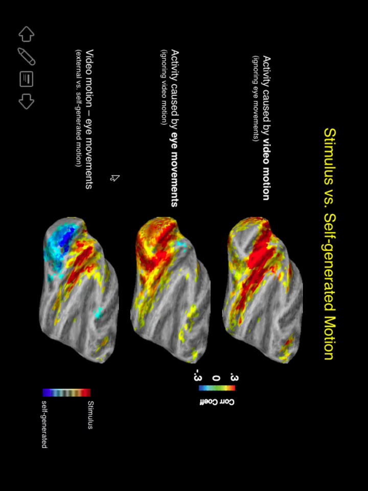In particular, we see this strong dichotomy between self-generated and stimulus motion, where early visual cortex, particularly foveal V1 and V2, are responding a lot to the eye movements, and then later areas like MT, V4, the STS, are responding a lot more to the actual stimulus. And this makes a lot of sense if you want to think about how the brain has to incorporate these stimuli, right?